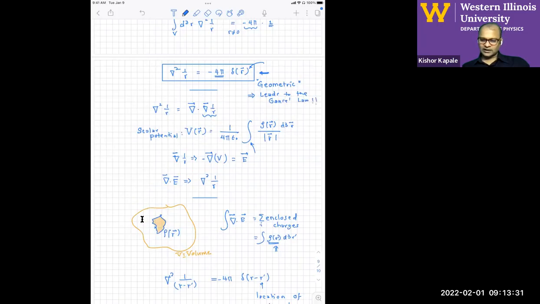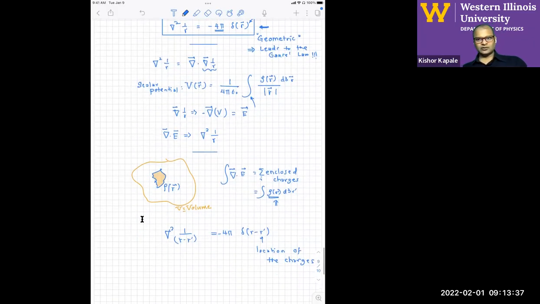If you have looked through Griffiths' discussion of Gauss's law, he tells you that you normally take the volumes or surfaces covering the charge distribution to be symmetric, following the symmetry of the charge distribution. That is for convenience. It does not matter what the shape of those is.